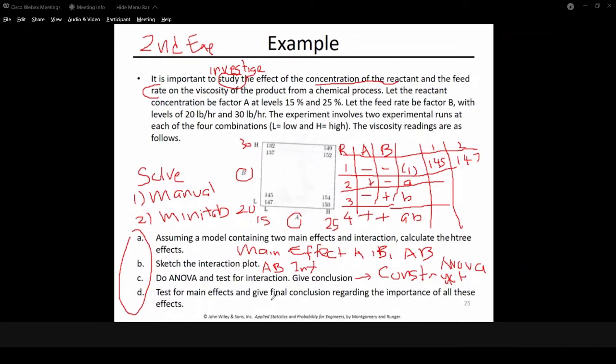You need to make some interpretation, interpret the results of ANOVA.